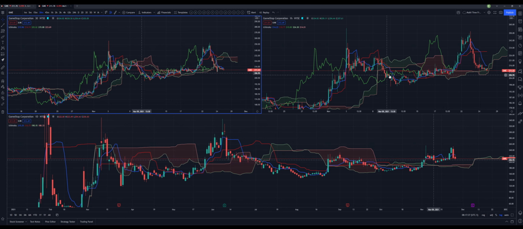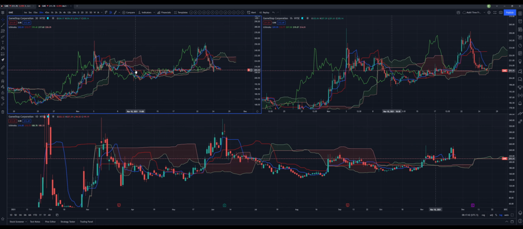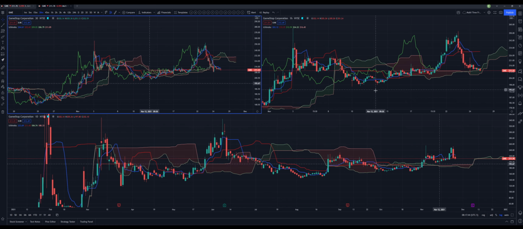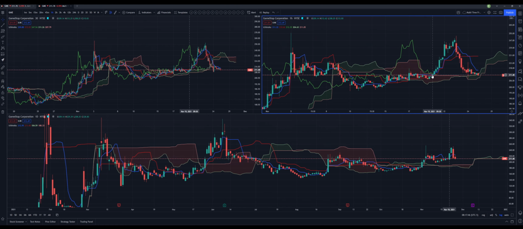Let's look at the lower time frames here and look at what's been happening in the last week or so. I was looking at this most recent run from 210 to 250, and as part of auditing myself, I wondered, what could we have done differently?